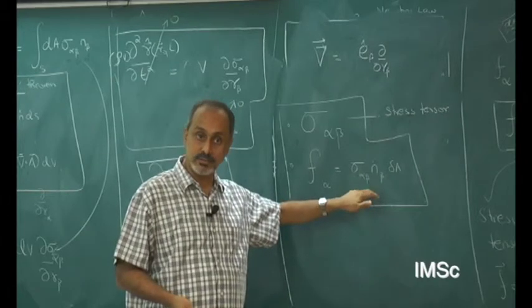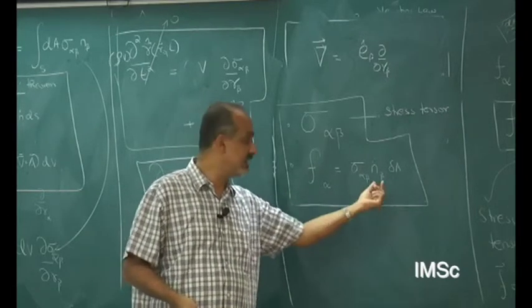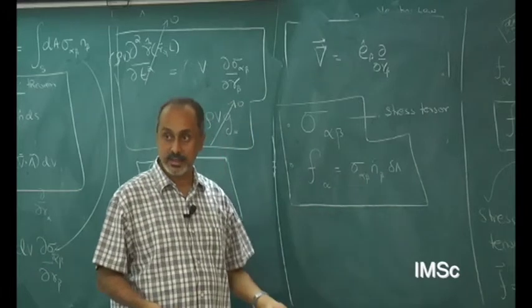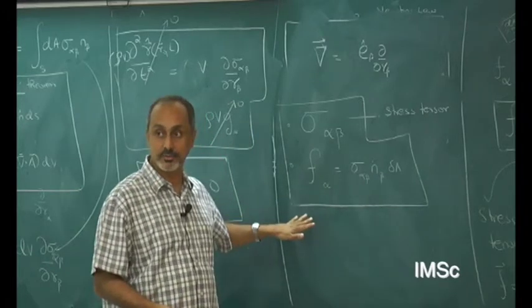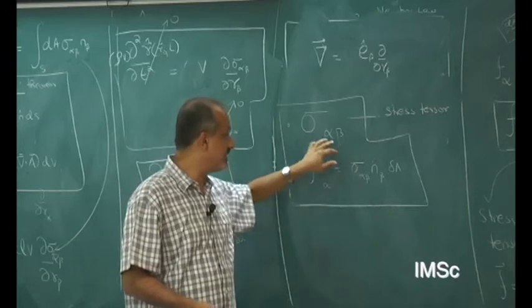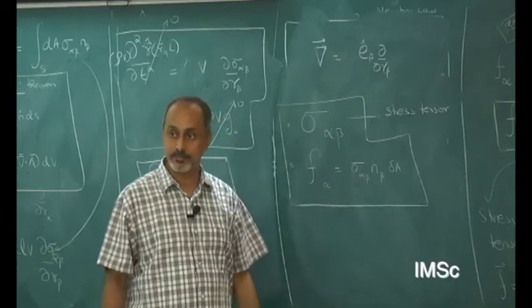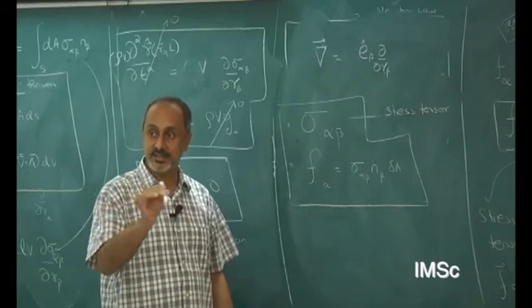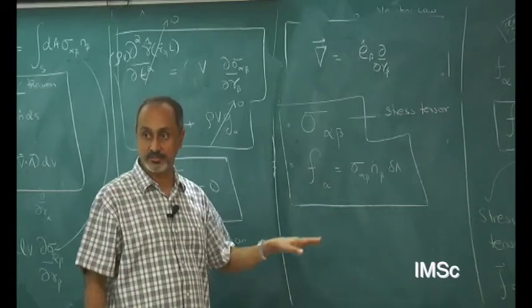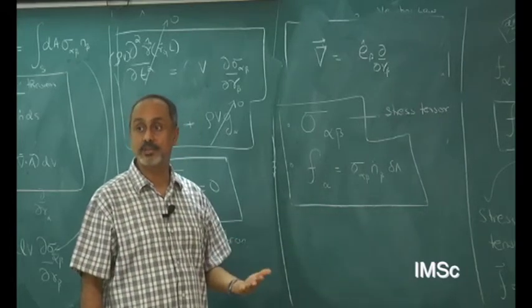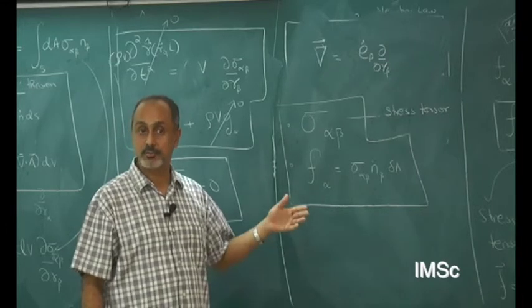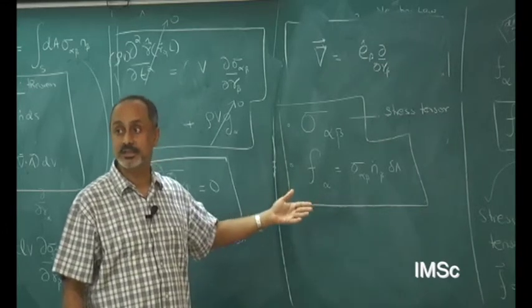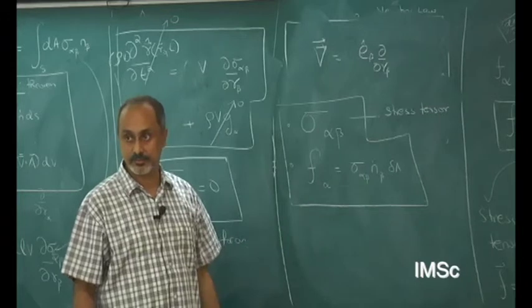Given the normal to the surface, given that it's an infinitesimal surface dA, I can understand what that force is doing by telling you sigma alpha beta. And sigma alpha beta is a tensor defined at every point in space. Once I tell you what it is at every point in space, I have told you the forces being exerted at every point in space.